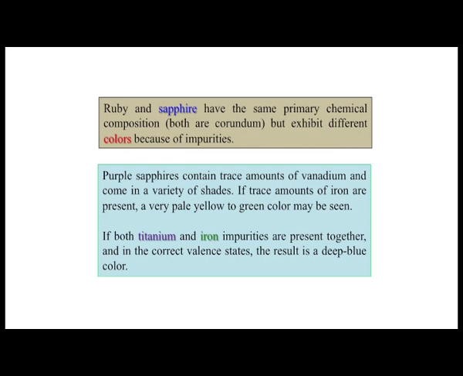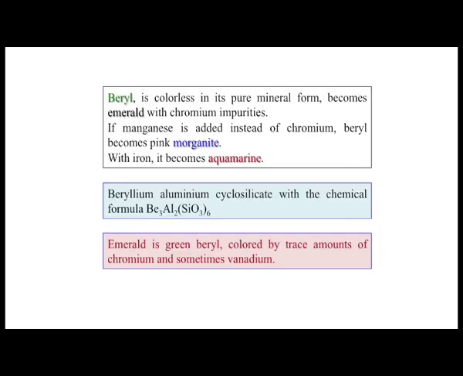If both titanium and iron impurities are present together in the correct valence state, and this depends on the oxidation state of the titanium center and of the iron center, we will be able to get a deep blue color. Synthetically, in the laboratory, we can nowadays make synthetic gem materials or gemstones by knowing the metal ion which we can impregnate, and we get the corresponding coloration.